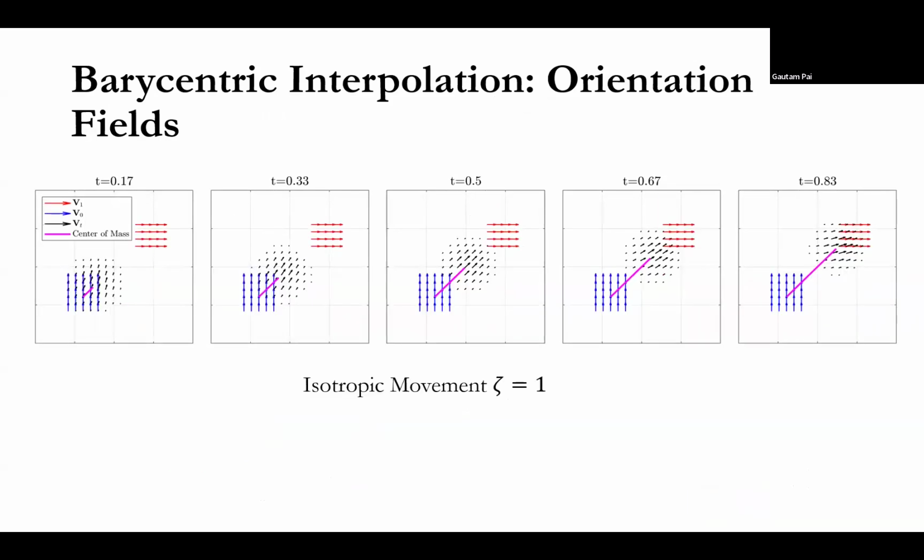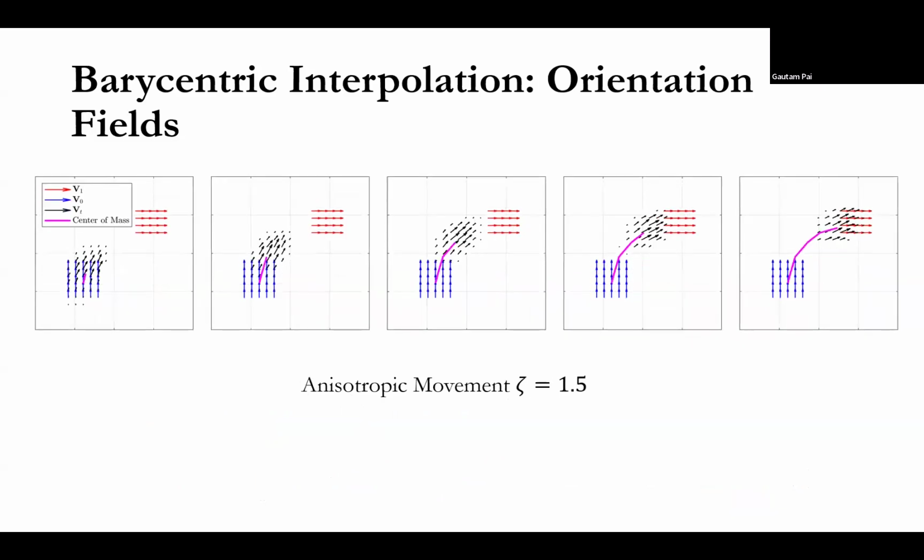This is an example that makes sense with the car analogy, where you have your source and target. When you have isotropic, it's got this skidding behavior, where what it's pointing to and where it's moving are not in sync. But when you have anisotropy, then you have this turning behavior that happens from the source to the target.